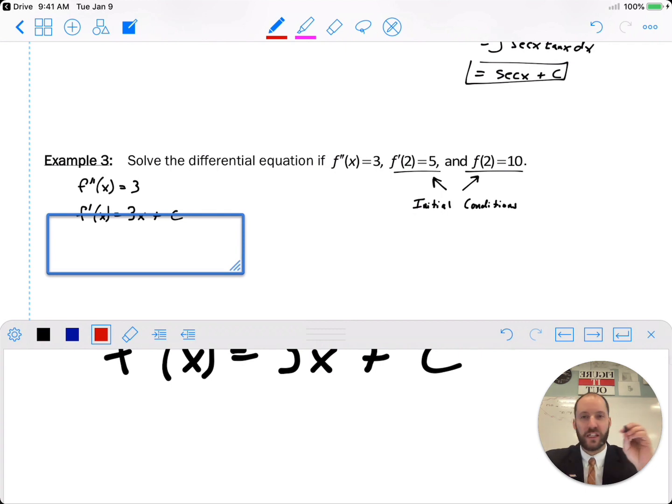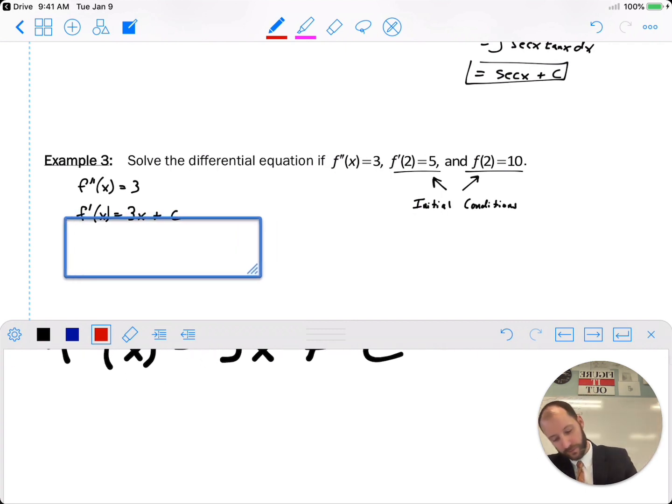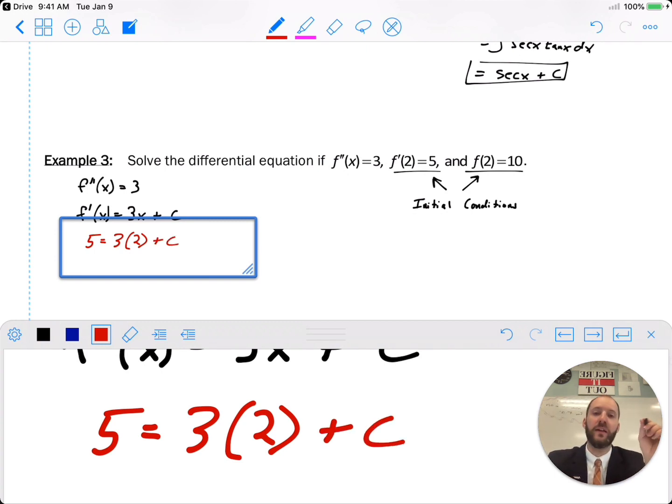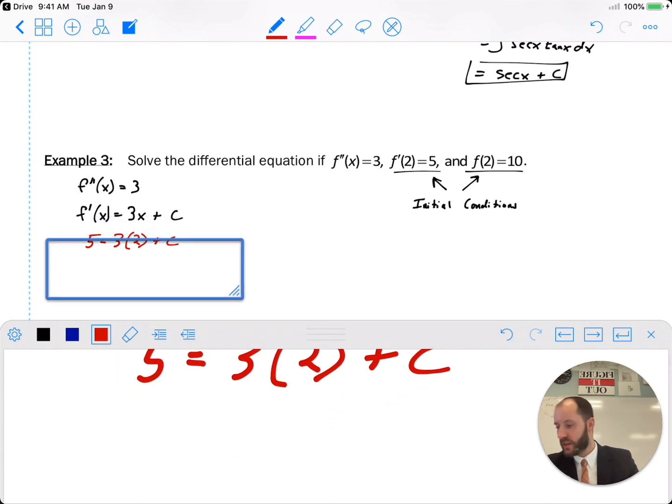But now we have this initial condition. f prime of 2 is 5. So 5 equals 3 times 2 plus c. Plug in 2 for x, and 5 is for your f prime of 2. And you solve that.